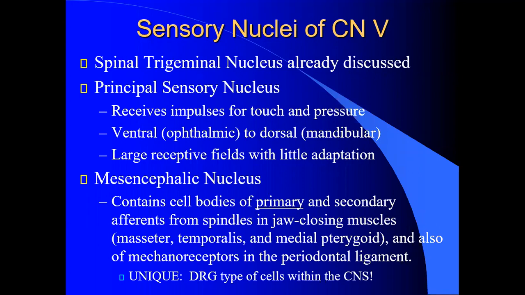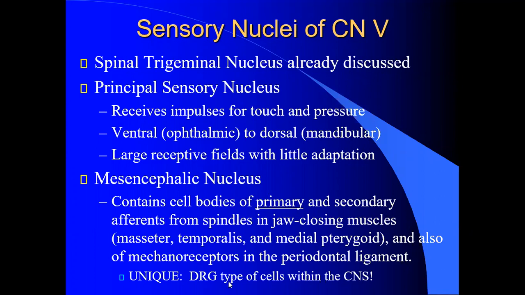I'm going to emphasize this as we go along, because what are they doing? They're bringing in afferents from the spindles of the jaw closing muscles: the masseter, temporalis and pterygoid. And so you have the jaw jerk, a reflex that involves these.